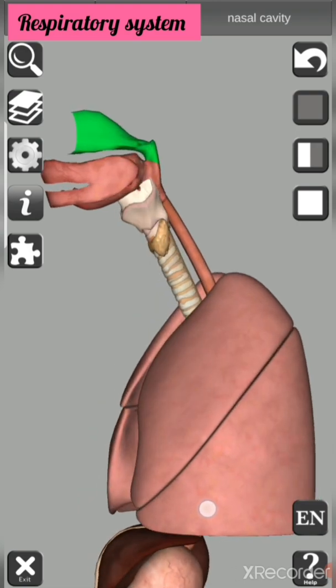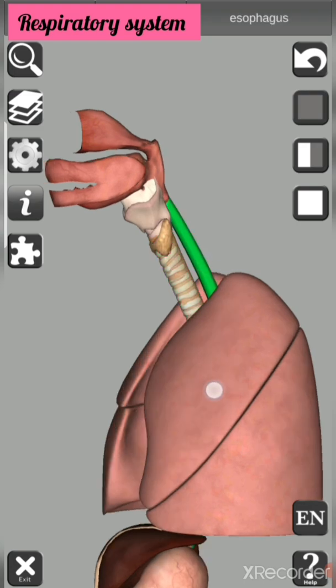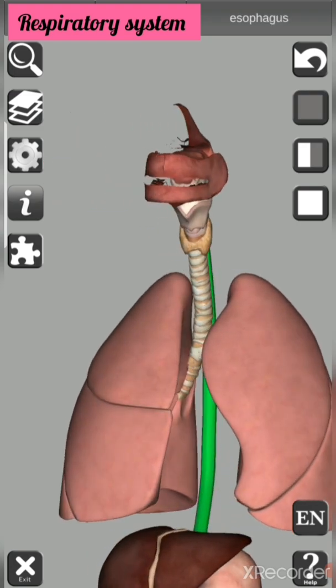In this particular diagram, you see there are two pipes, one in front and one at the back. Why are there two pipe-like structures here? On this pipe-like structure you find ring-like cartilage, ring-like bony structures, which you can feel on your neck also.